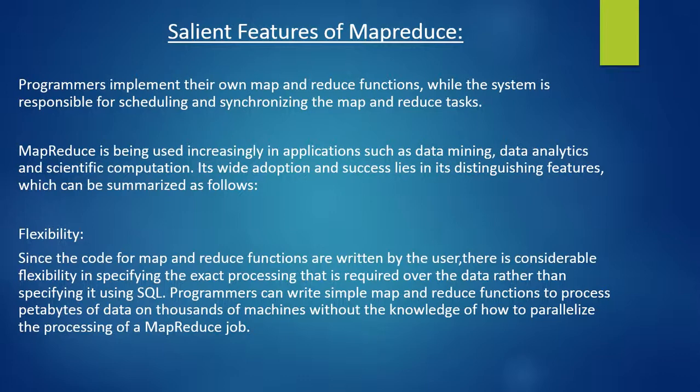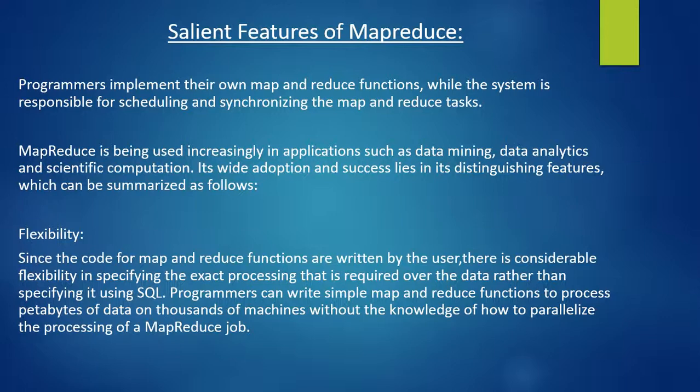Let's examine some salient features of MapReduce. Programmers implement their own map and reduce functions, while the system is responsible for scheduling and synchronizing the map and reduce tasks. MapReduce is being used increasingly in applications such as data mining, data analytics, and scientific computation. Its wide adoption and success lie in its distinguishing features, which are summarized as follows.